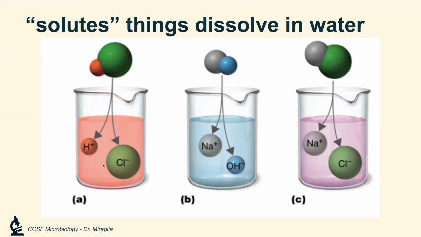So this is actually hydrochloric acid here, and this is sodium hydroxide, and here's sodium chloride. But it's not just these molecules. It's many proteins, it's carbohydrates, things like glucose are soluble in water. So there are many molecules in biology that are soluble in water, and the chemical reactions that are happening in your body, in your cells all the time, your cell is basically a bag of water with many, many things dissolved in it.